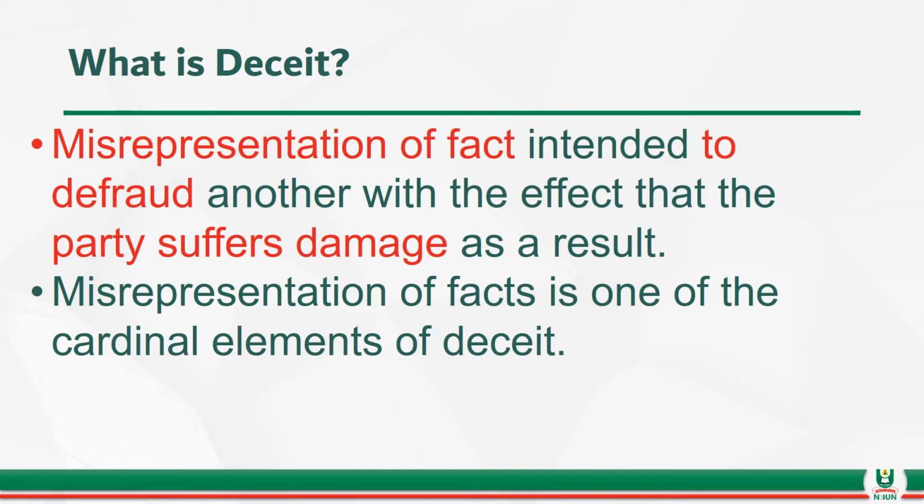If there's no misrepresentation of fact, then all the other elements really are of no importance. So there has to be a misrepresentation of fact with an intention to defraud. And then when a party suffers damage as a result of that misrepresentation, then we have deceit. That is why it is said that misrepresentation of facts is one of the cardinal elements of deceit. So not just a fact, but a misrepresentation.